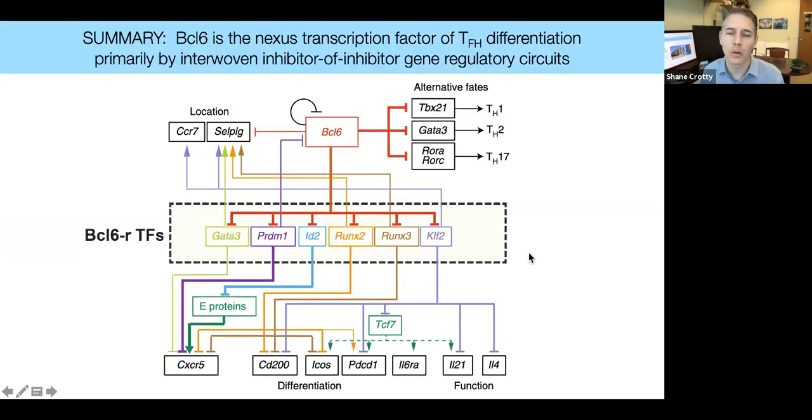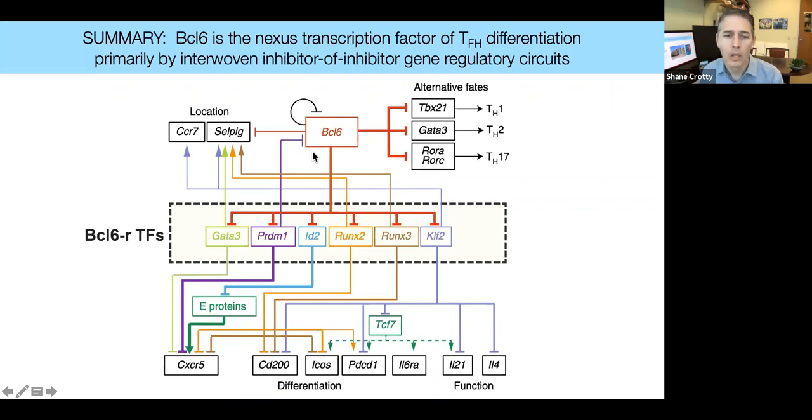And so this is all summarized here, okay? So Bcl-6 is required for TFH differentiation, and one way it does so is to repress alternative fates, such as Th1, Th2, or Th17, and it definitely represses genes like Tbet, GATA3, and RORγt.